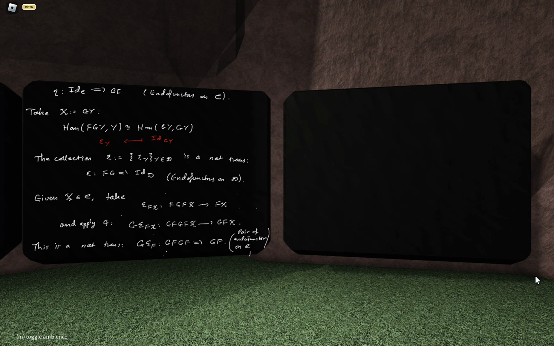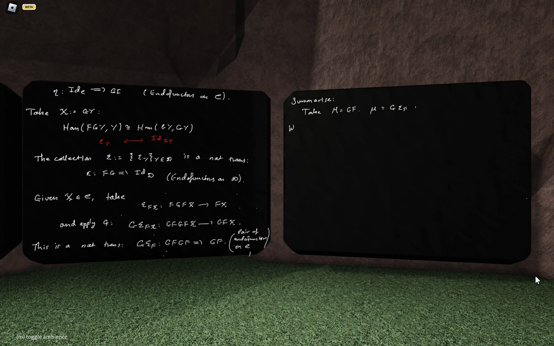Okay, so to summarize, what we can do is take M to be equal to this composite GF, which was the original endofunctor on C. And then I'll write mu for this natural transformation that we came up with as well.